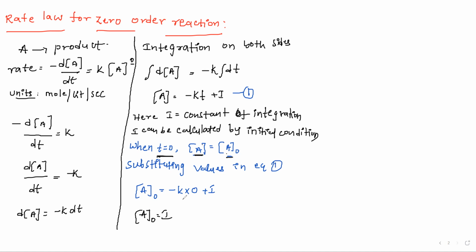Is it clear? So substitute these values in equation number 1. Instead of I, what do we have to take there? I is equal to A naught, we have to take it here.